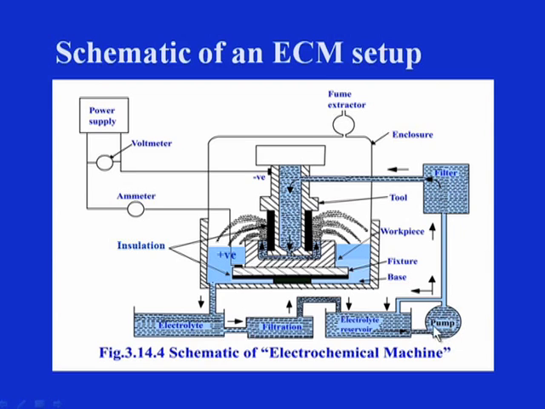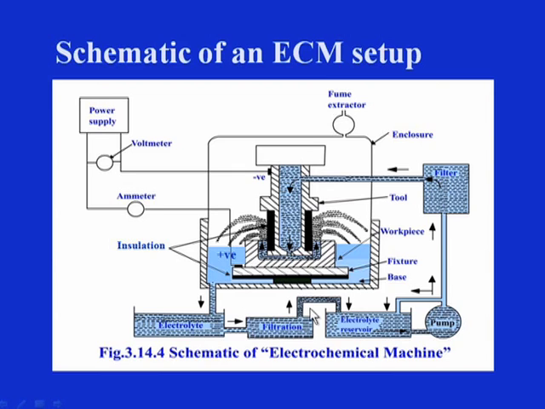system in which several stages will be there, where the electrolyte will be filtered, so that the debris produced during the machining does not get circulated again into the gap. This might cause blockage of the gap, or reduce the efficiency of the process.